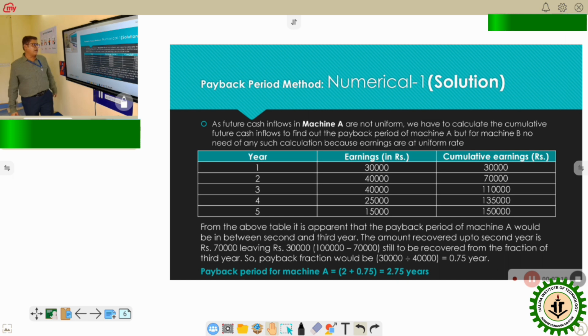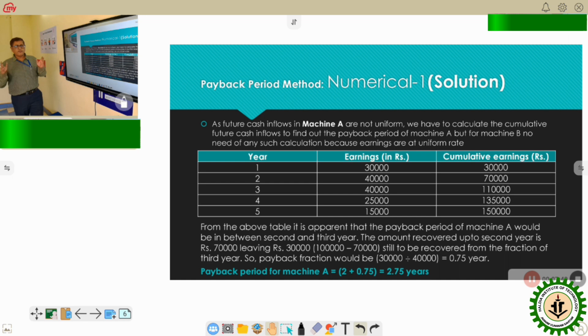At the end of the third year the cash flow is 40,000 and the cumulative earnings is 1,10,000, which exceeds the cost of the machine. So we can say that the payback period of machine A lies between 2 and 3. That means 2 plus a fraction of the third year, which will be required for recovering the cost of investment. Now we compute that 2 years is already taken to recover 70,000.